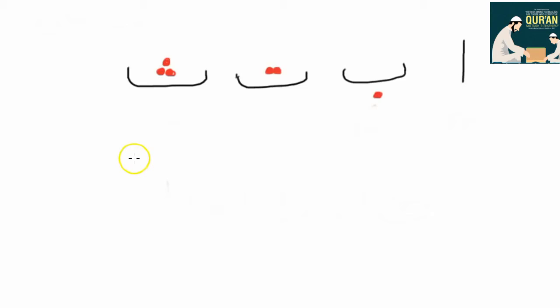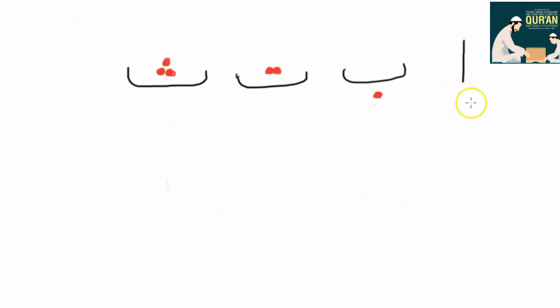And we also mentioned the fatha vowel. So if you have a fatha vowel on each of these, then the sound produced would be a, ba, ta, and tha. Right, today we're going to be doing the other sounds, which are what we call the kasra.